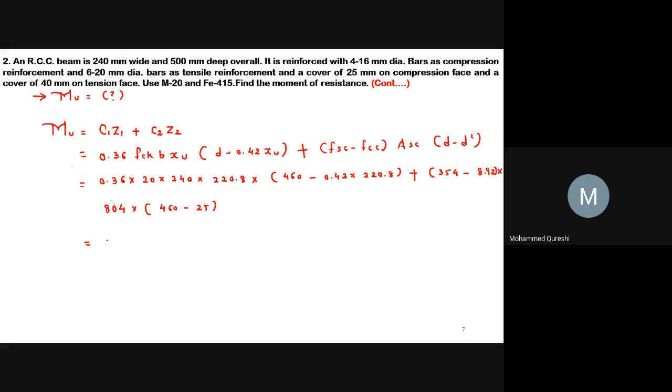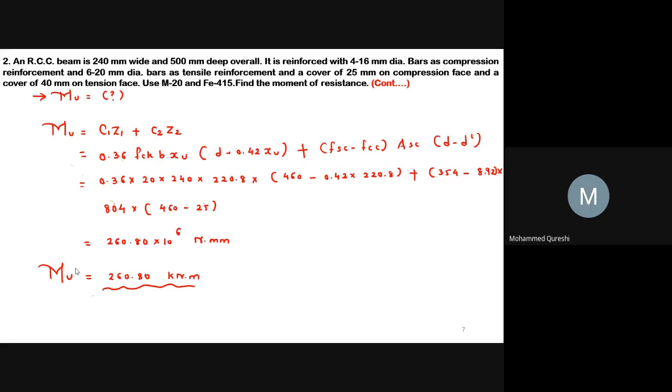So after solving this, we will get 260.80 into 10 raised to 6 Newton mm, which equals 260.80 kilonewton meter. So this is the computed moment of resistance Mu.